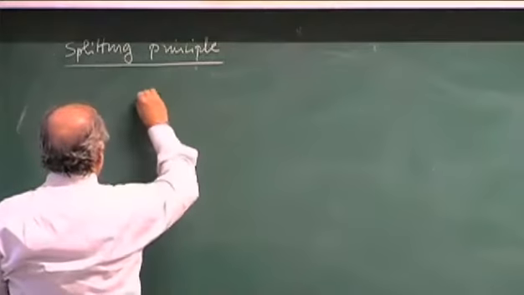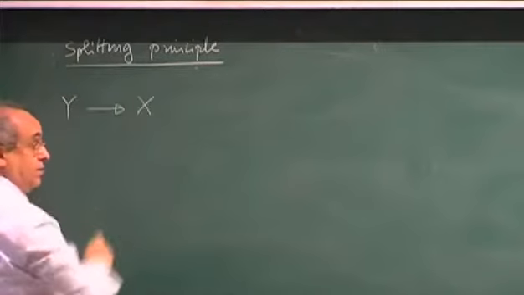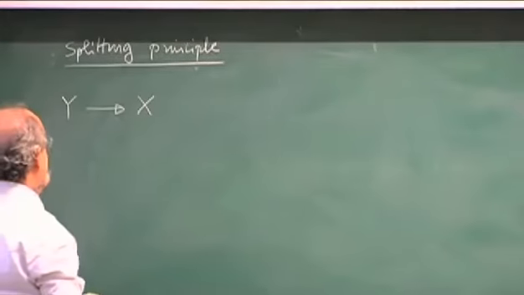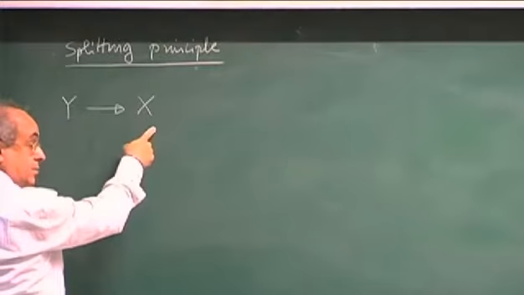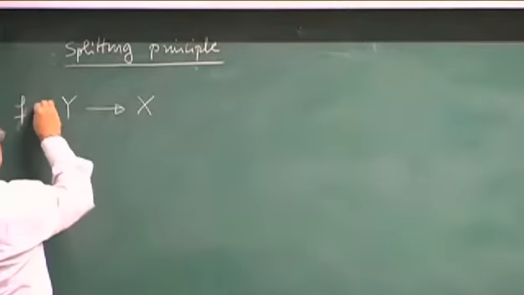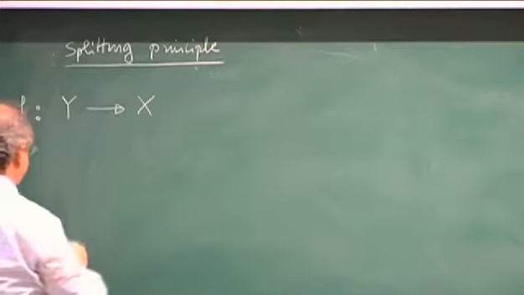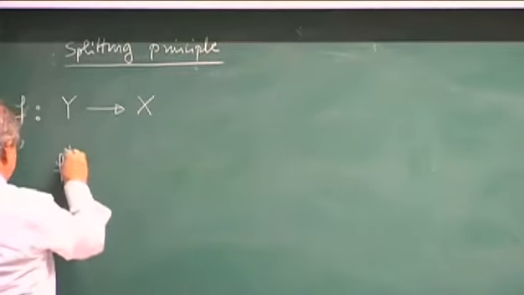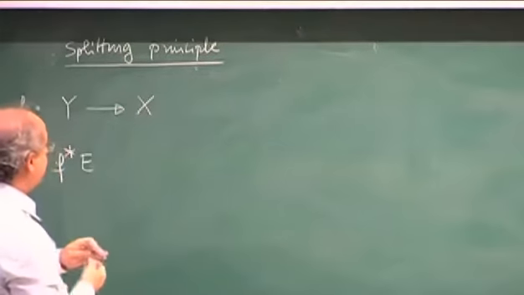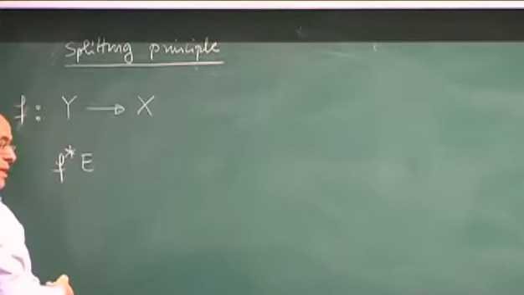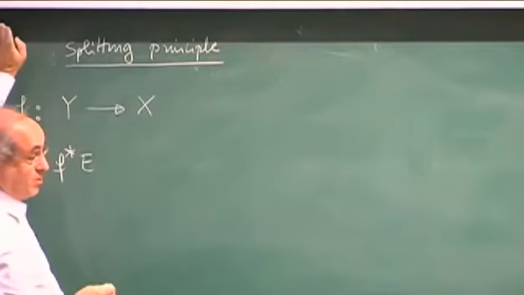Anyway, it says the following: given our vector bundle E, you can always find another manifold Y mapping to X, in such a way that I can take the bundle and pull it back, and in the C infinity category it will split.